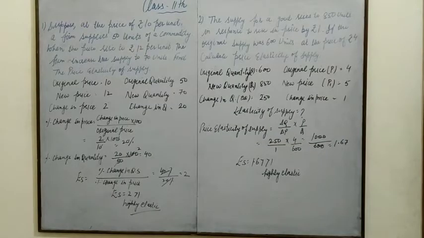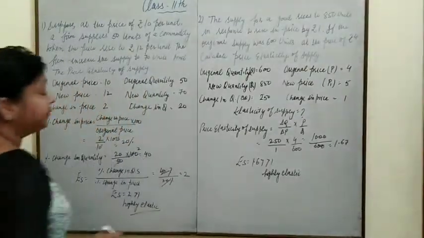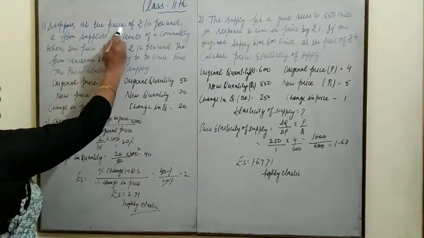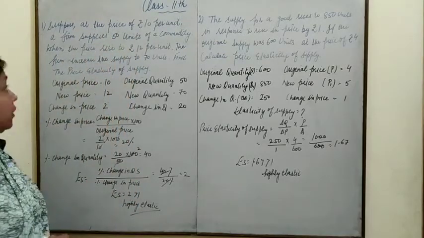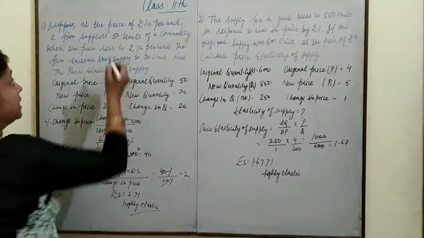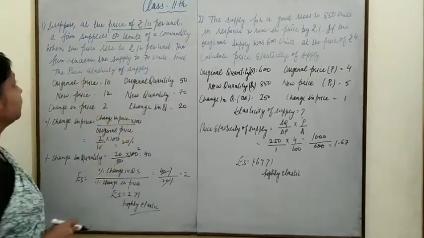Now let us see a numerical related to elasticity of supply. Suppose at the price of rupees 10 per unit, the firm supplies 50 units of a commodity.